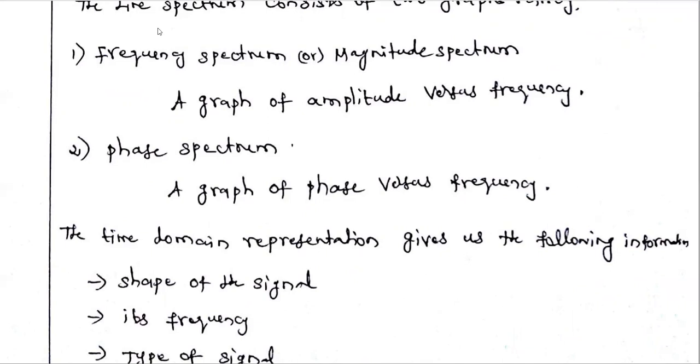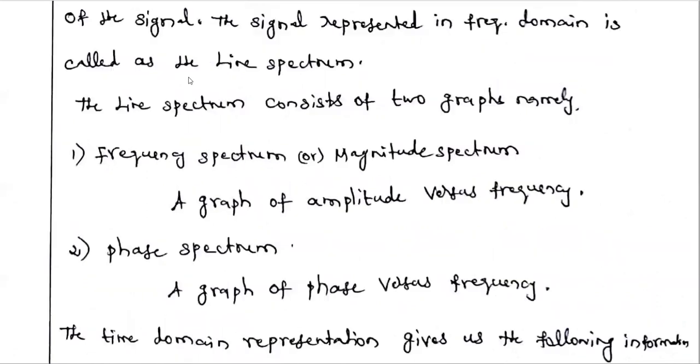The frequency spectrum is a graph of amplitude versus frequency omega or frequency f. The phase spectrum is the graph of phase versus frequency. Combined, these two spectrum graphs are called the line spectrum.